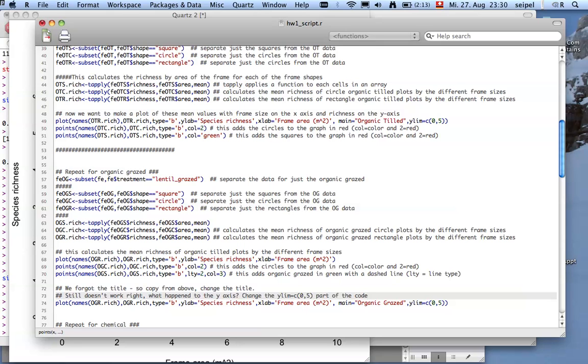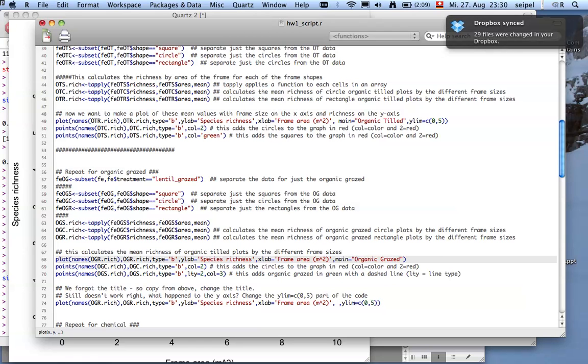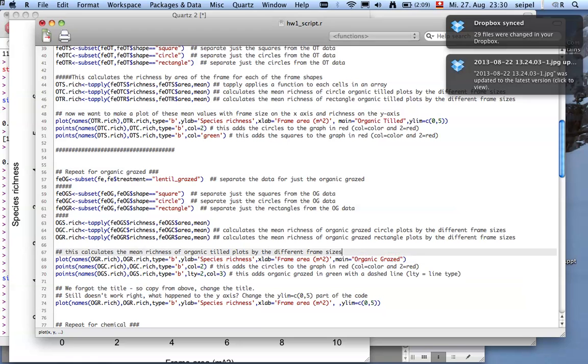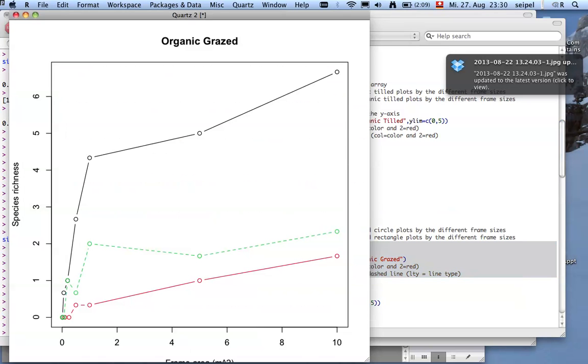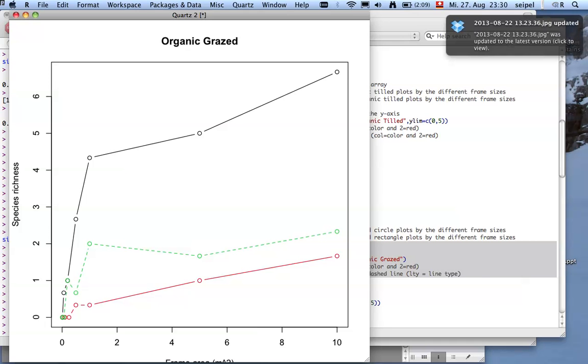And then down here at the bottom it says we forgot to add this name. So I'm just going to take it from there and copy it up here. And you guys can play around with all this kind of stuff. I'm going to add it in right here. So now I can rerun this by highlighting it, running it all. And now we have our organic graze treatment.